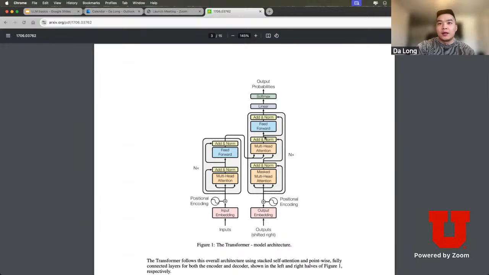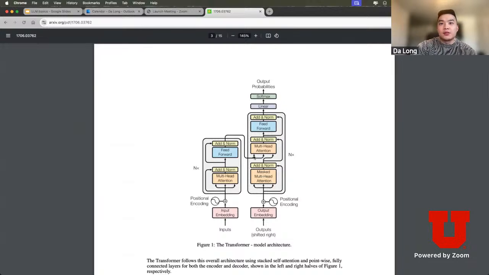You can do the prediction in parallel. Also, the attention structure is more robust, and RNNs have a lot of issues like forgetting, which the transformer doesn't have. So Google proposed this structure, but their goal was just the translation task.